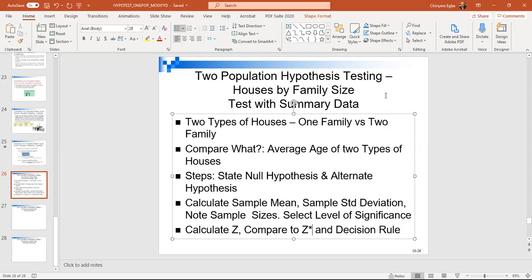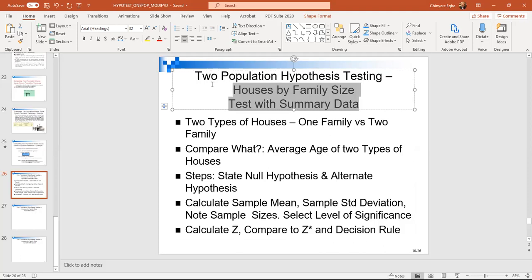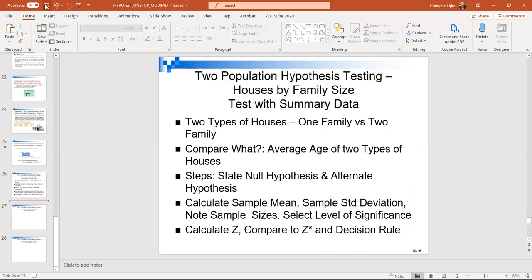So how do we proceed with this particular problem? I'm going to proceed in 3 steps. I'll proceed, first of all, by giving you summary data.